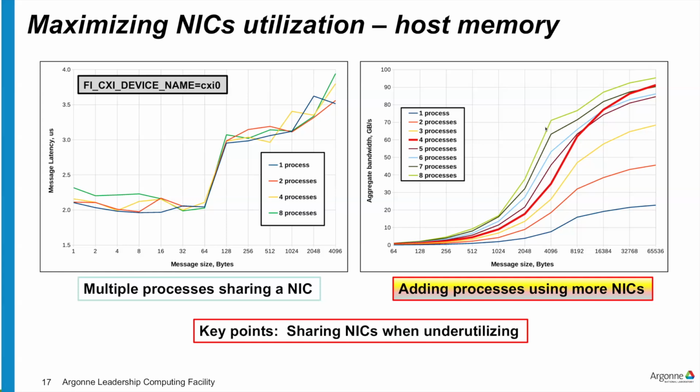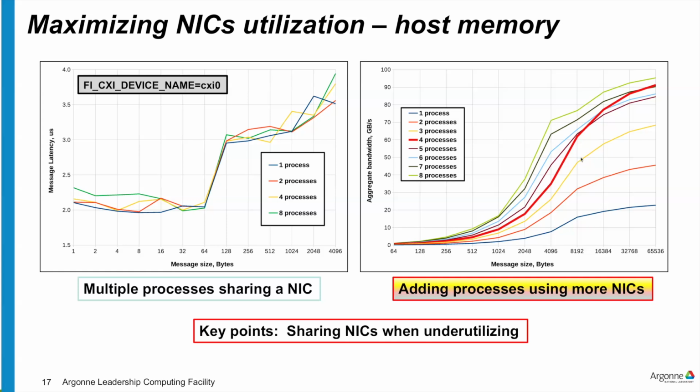If you start adding more processes on the socket, you almost double the available offload bandwidth on your application. Like in this example, up to 4 MPI processes, you can see the linear performance improvement for large message sizes. When I say large message sizes, I'm talking about 8 kilobyte and higher.